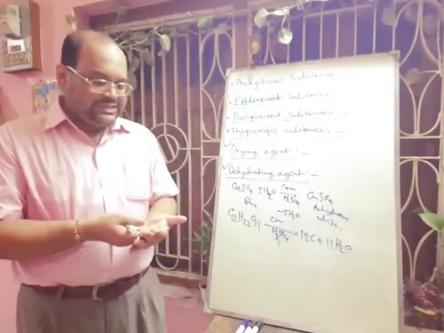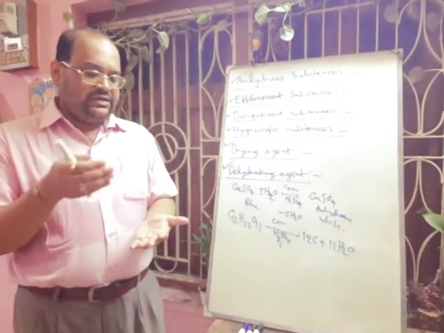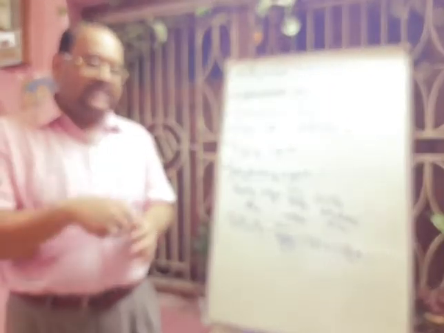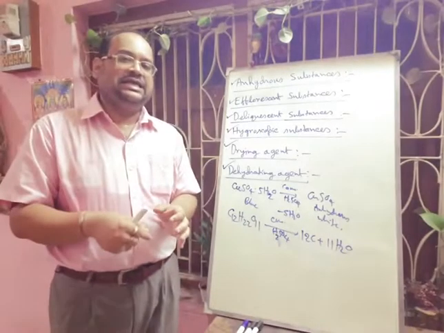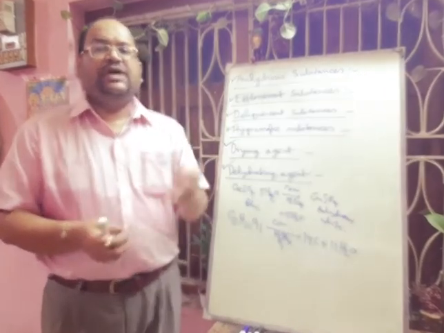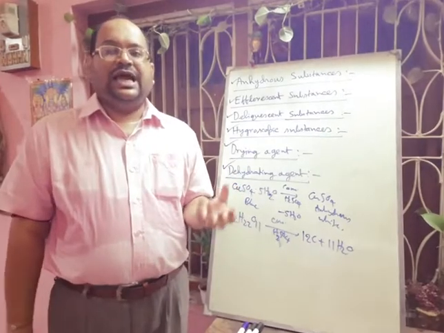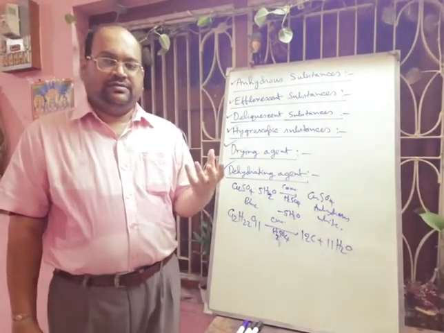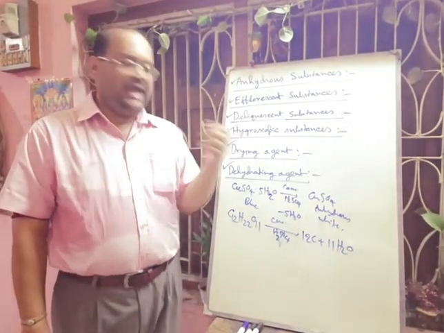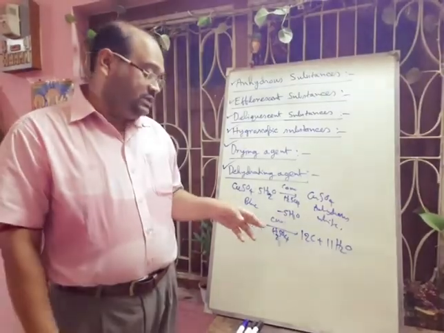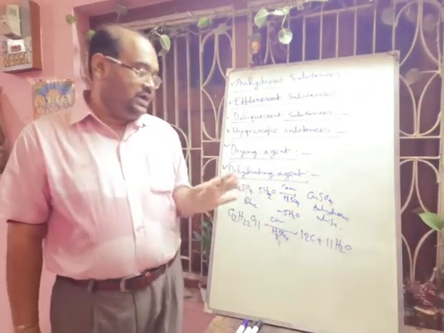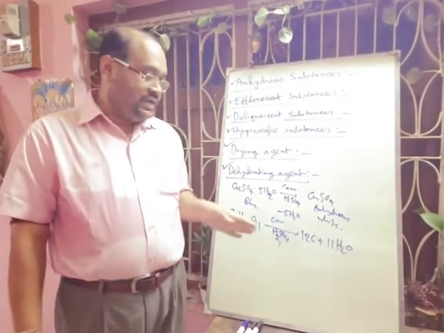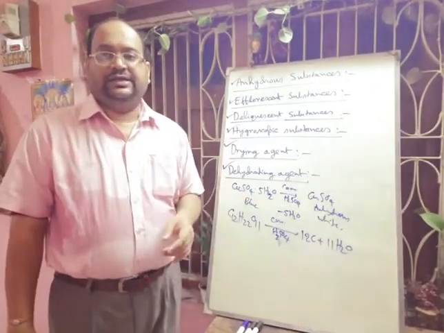But if you use concentrated sulfuric acid and pass the HCl, whatever moisture or water vapor is present in HCl gas, that will be absorbed by the concentrated acid. So here concentrated H2SO4 is acting as a drying agent. But if you use concentrated sulfuric acid in case of cane sugar, that will be the dehydrating agent. They will react chemically. Hope you can understand.